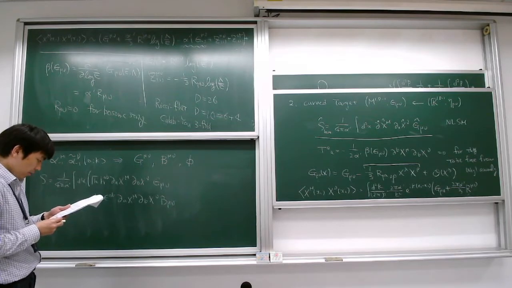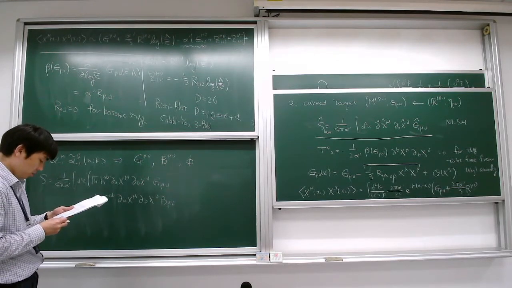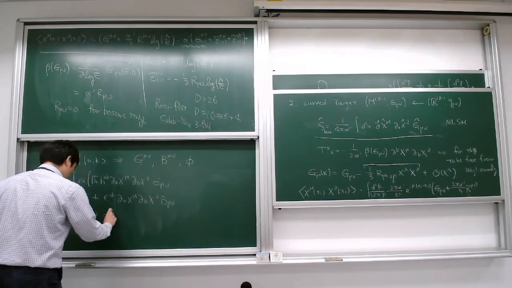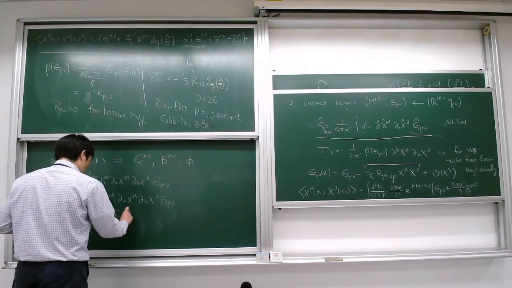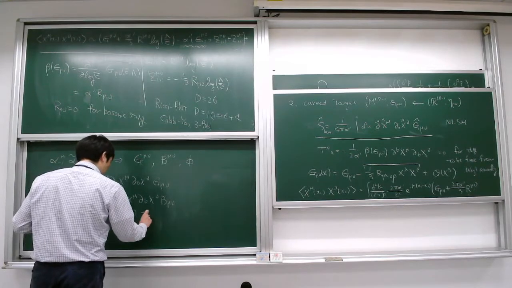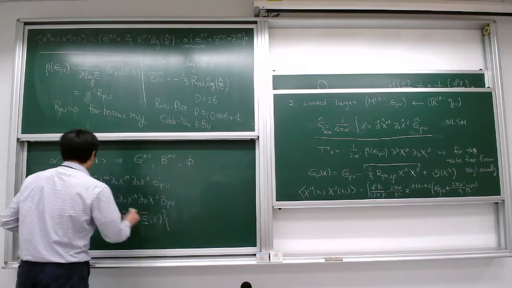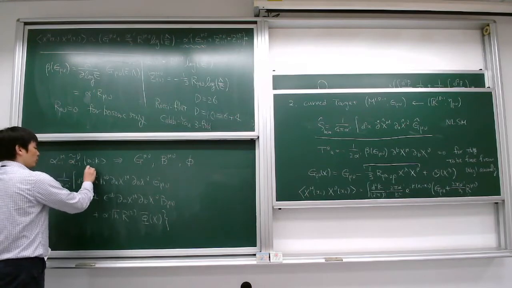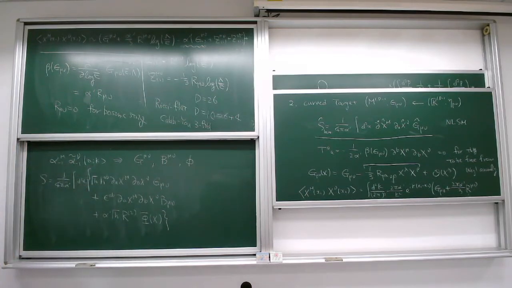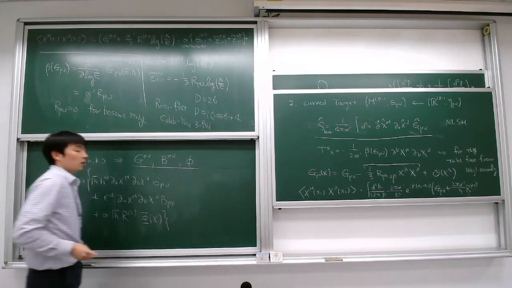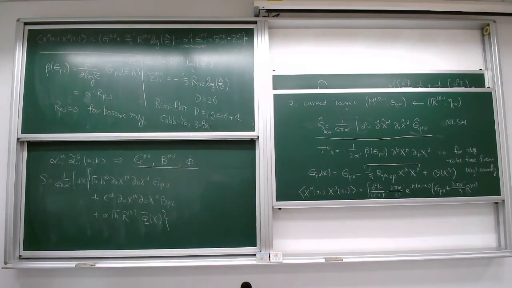So where are we heading? And then also, the dilaton part is alpha prime square root of h R2 phi. So this is the most general action one can write down, by using massless states in string theory.